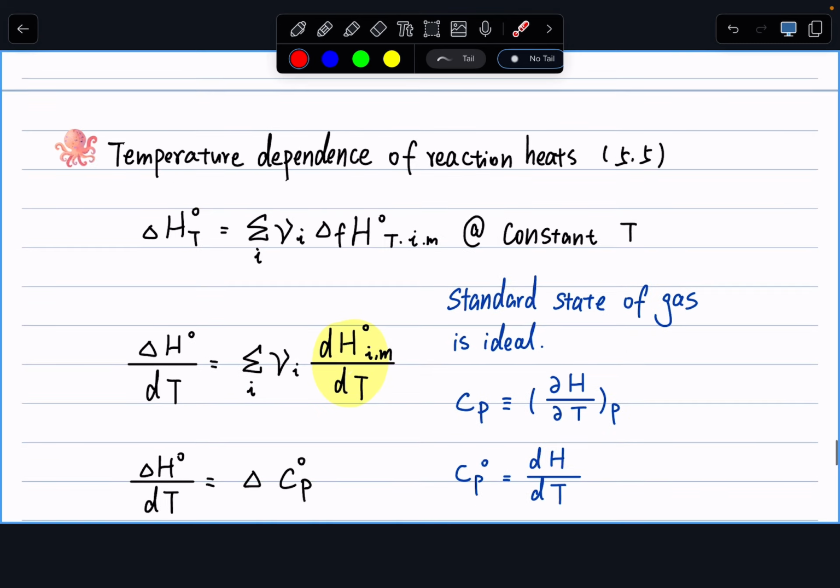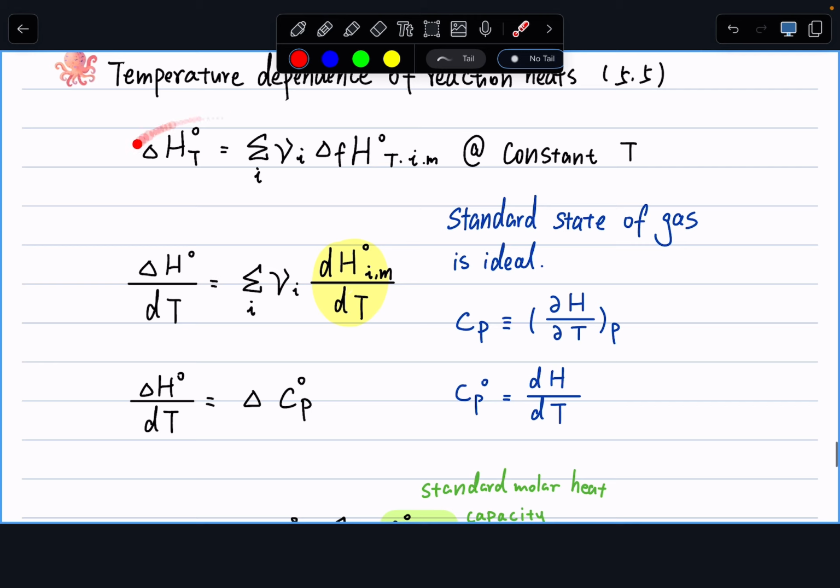So in this case, this is what we derived before. This is the total heat of reaction, which equals the sum of your stoichiometric coefficient times the heat of formation of different species.